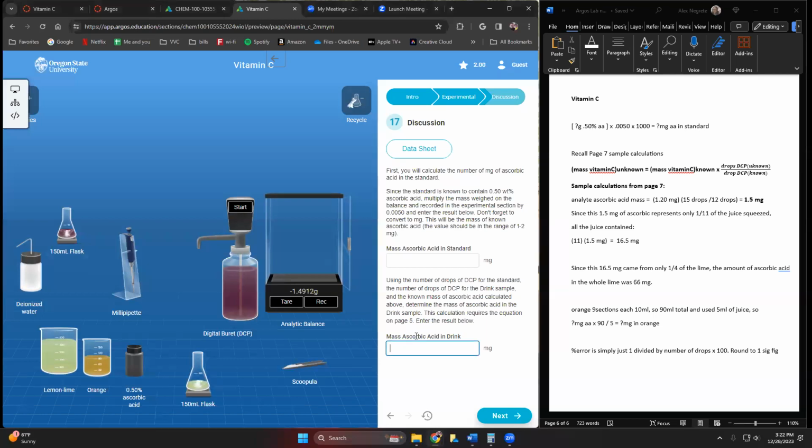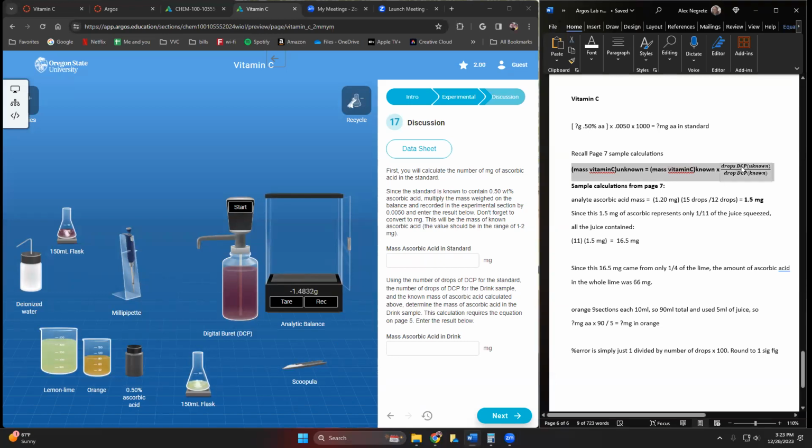So the mass of ascorbic acid in the drink is we're going to use the milligrams that we calculated here. If you go to page 7, recall those sample calculations. We're going to use this to determine the milligrams of acid in the lemon lime drink. So whatever the mass of acid is here, that's this value.